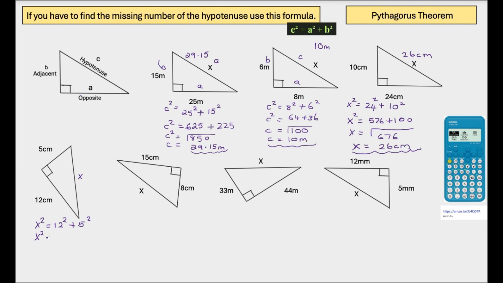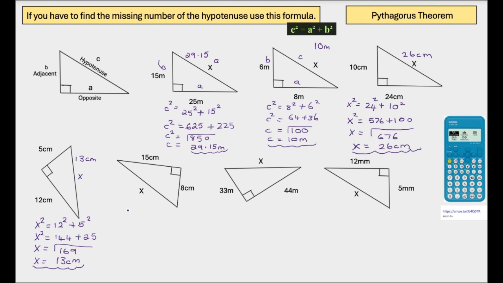So X squared equals 144 plus 25. Square root it, which comes to 169. So our X, our missing side, is 13 centimetres. Another nice round integer. So there we go.